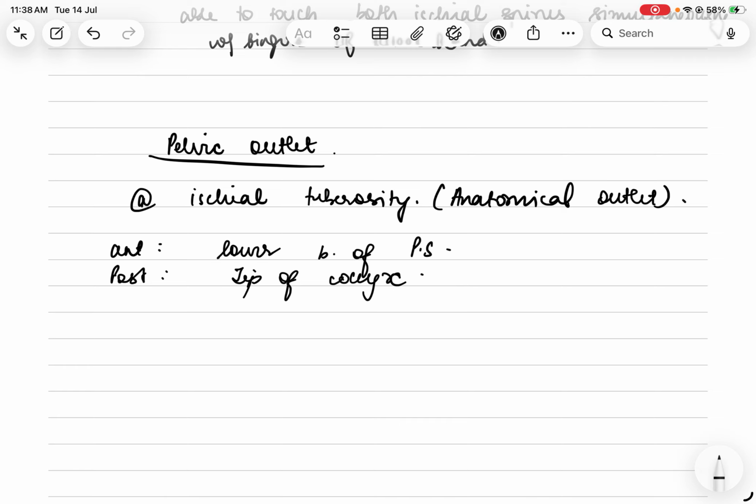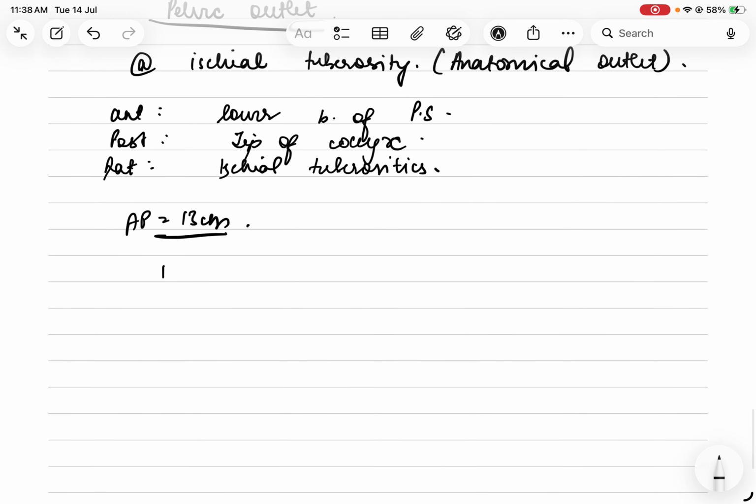Lateral there is the ischial tuberosity, and the AP diameter is 13 cm. Transverse diameter, the distance between the ischial tuberosities, is 11 cm. If less than 8 cm, that is said to be a contracted pelvis.